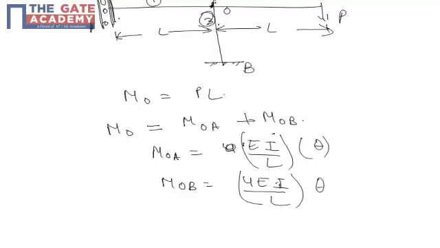Had this member been a pinned joint, member OC would have carried the moment equal to 3 EI by L into the rotation, that is theta.